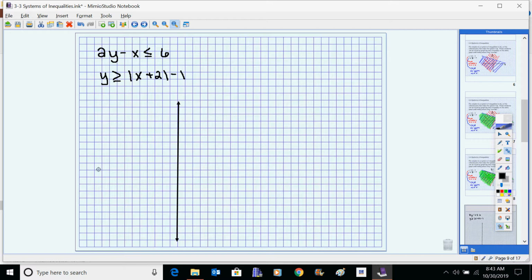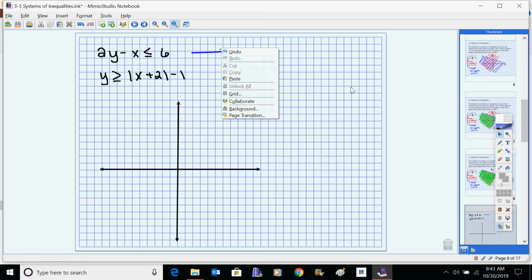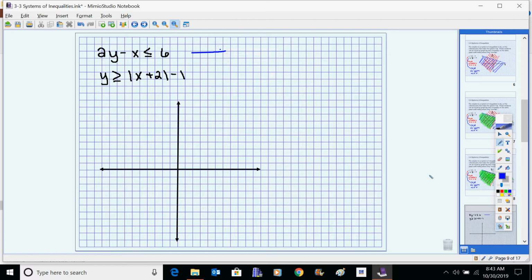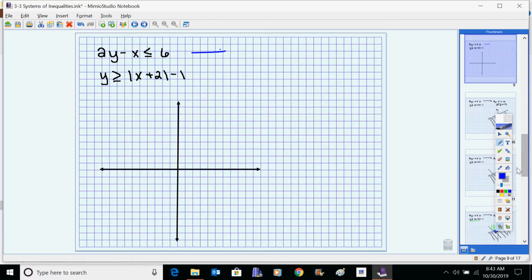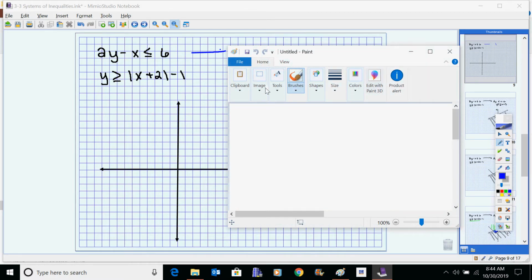Okay? All right, so let's take a look at this. We need to solve this one for y. So how do we do that? So half x plus 3, because once you do this, we have 2y minus x equals 6.